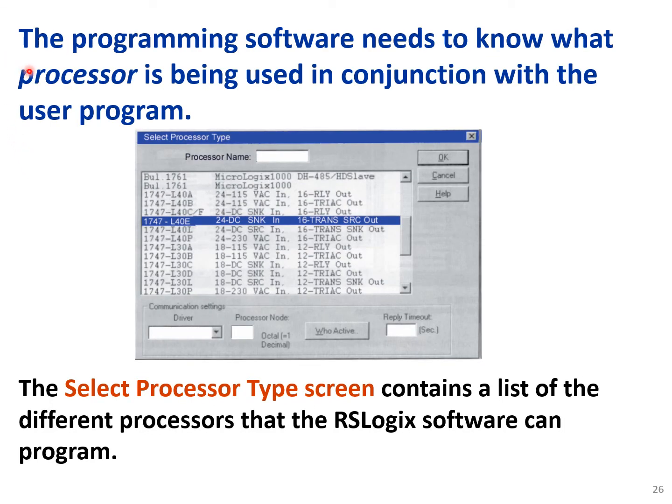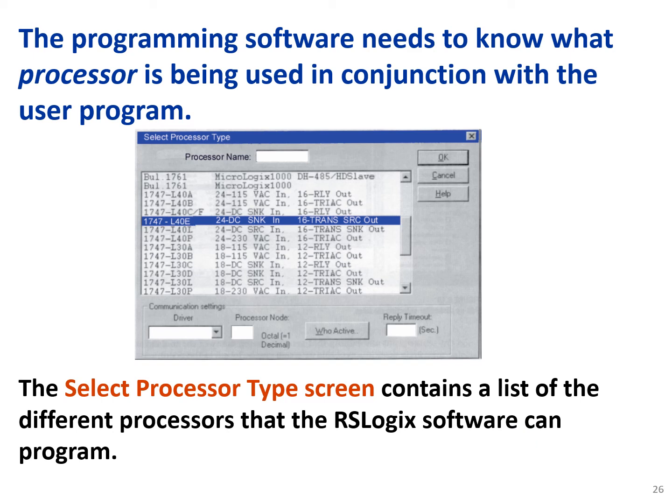The programming software needs to know what processor is being used in conjunction with the user program. The Select Processor Type screen contains a list of the different processors that the RSLogix software can program.